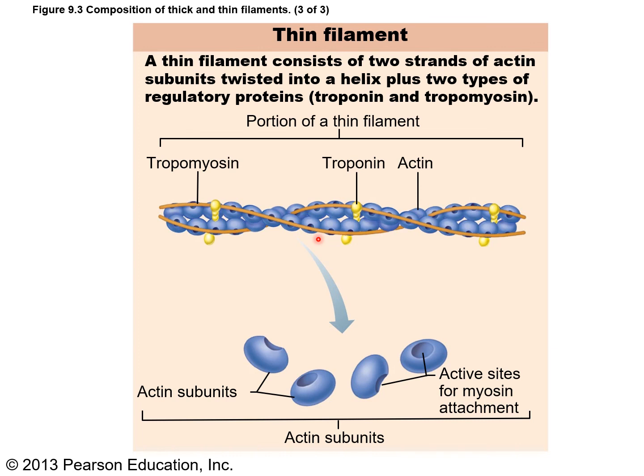Well, the question is, when is tropomyosin going to unravel to allow your muscles to contract? And the answer is when calcium ion binds to another protein right here within your actin filaments known as troponin. Notice how troponin is bound to tropomyosin.